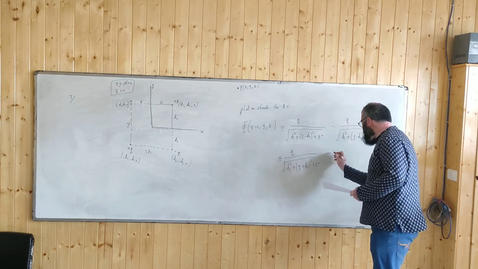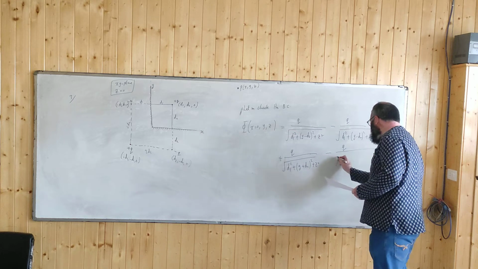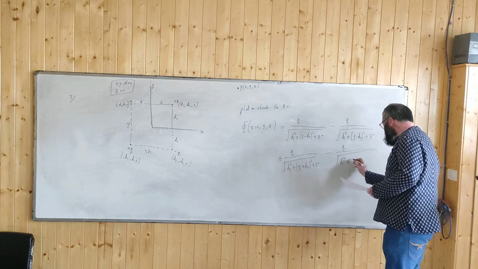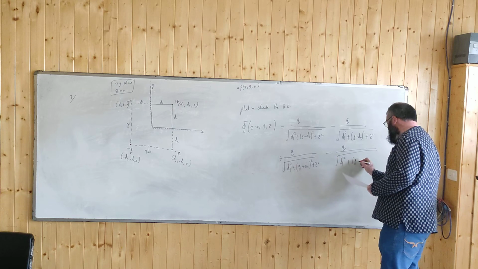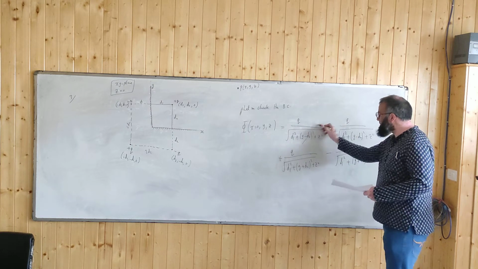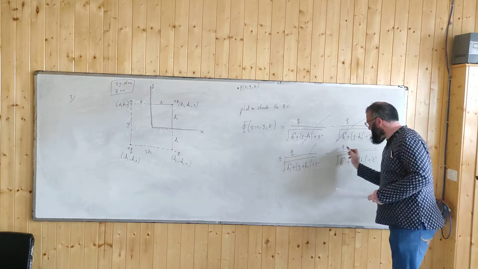Then minus q divided by root of d1 square plus y plus d2 whole square plus z square. Now look here, this term cancels with this one, and this cancels with this one.